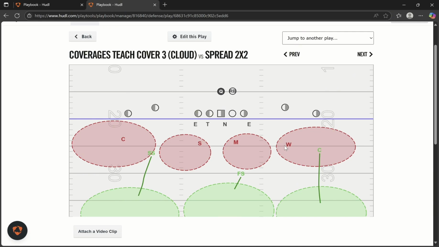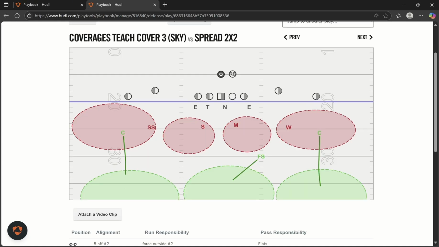He's going to be responsible for curl to flat. Mike is responsible for hook to curl. We have our strong side backer responsible for hook to curl.